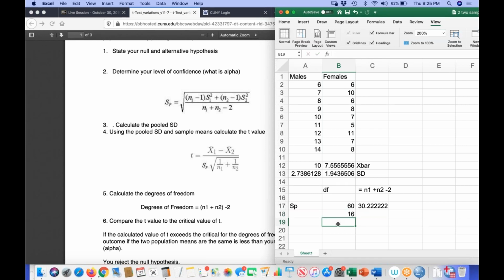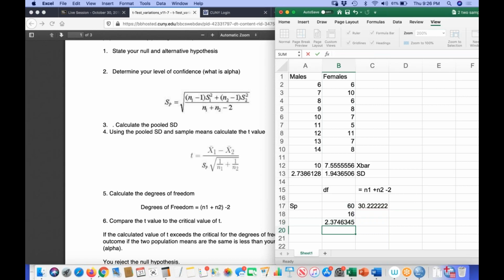So that part's on top. It's going to be equal to the square root of this plus this, over 16. I have to make sure I've got my parentheses around the whole thing.